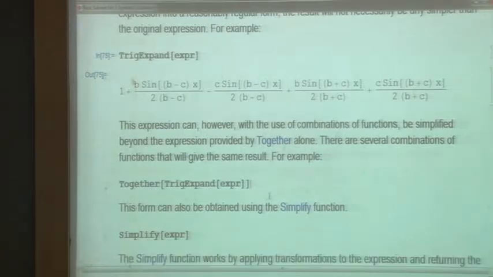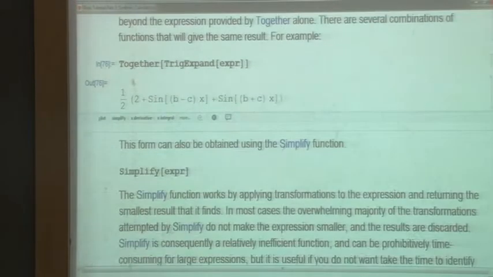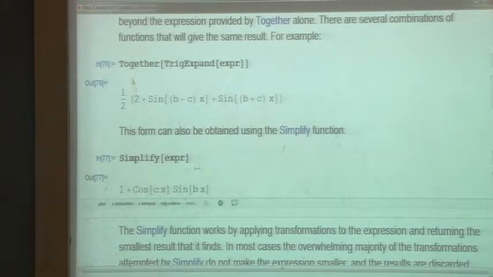But if we put it together again and try to simplify, we also get a much simpler result. So to simplify trigonometric expressions, we use TrigFactor, TrigExpand, or TrigReduce.